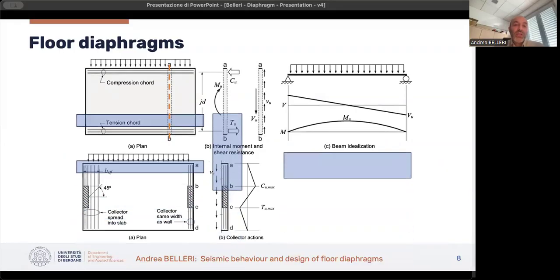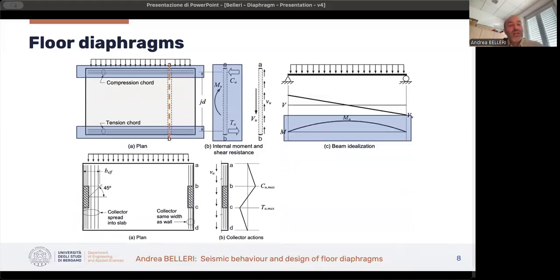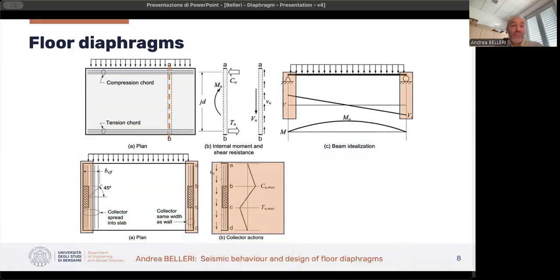The bending moment will be carried by compression and tension chords at the edges of the diaphragm. The diaphragm also needs to distribute the inertial loads to the lateral force resisting system through collectors.